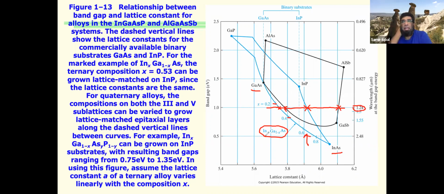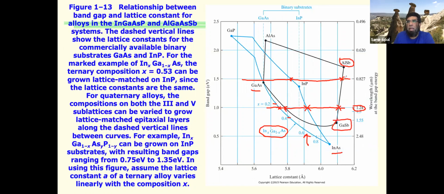If I say I need a material that can give me 0.827 micrometer wavelengths, then you'll pull this chart out and you will look at this and draw a line and you say, okay, there are 4 possible combinations. What materials do you have for your fabrication today? I say, okay, I have aluminum, gallium, antimony.